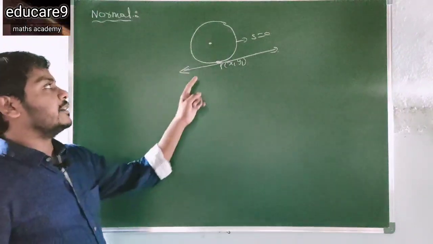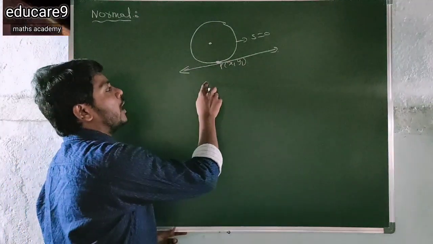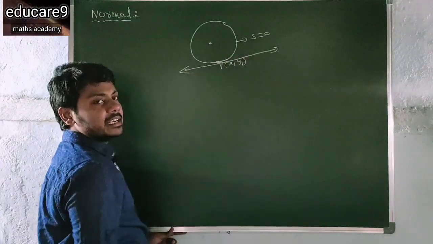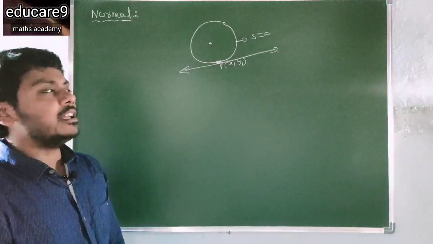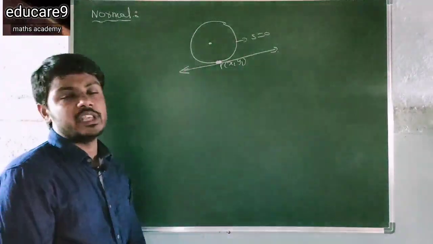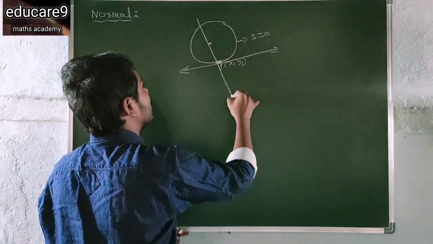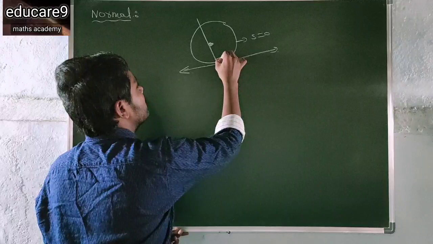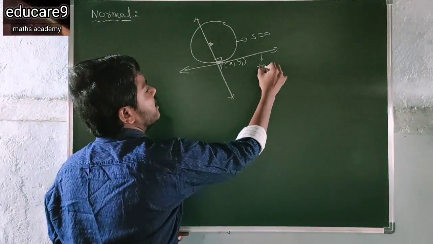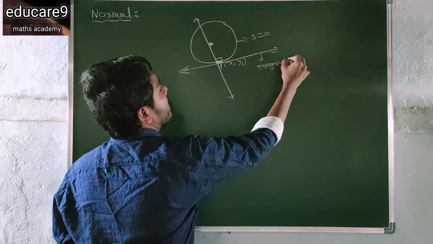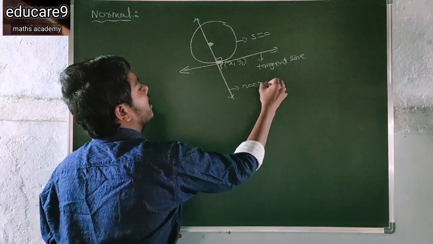So this is the tangent at point P. Then any line perpendicular to the tangent line and passing through P is called the normal line, and that normal line always passes through the center of the circle. So see here, this is the normal. This is perpendicular to the tangent line. This is the tangent line and this is the normal line.